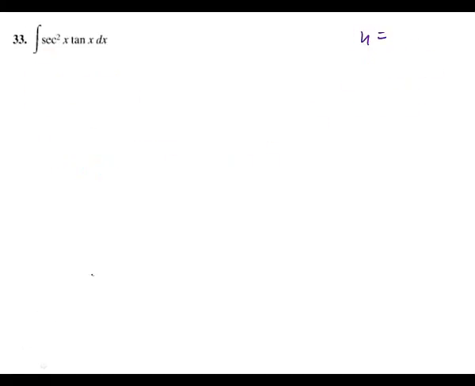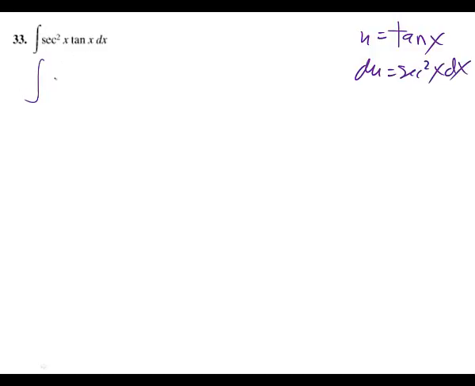All right. Actually, this one has a u too, because we always try U-substitution first, right? Even though it could be an integration by parts, we're going to try U-substitution. So, what is your u, do you think? Tangent x, so du is what? Secant squared x dx.